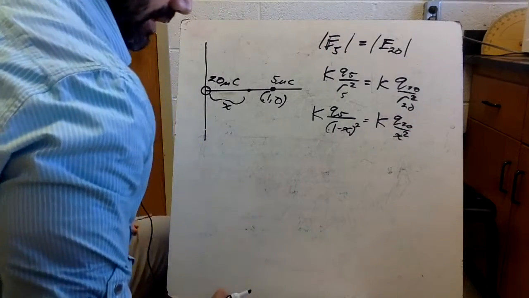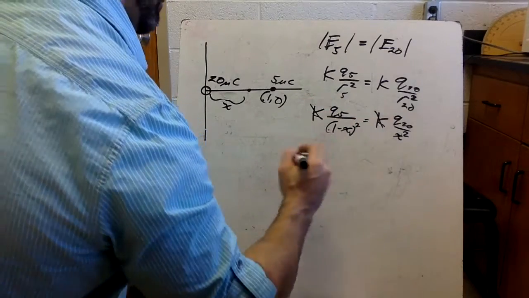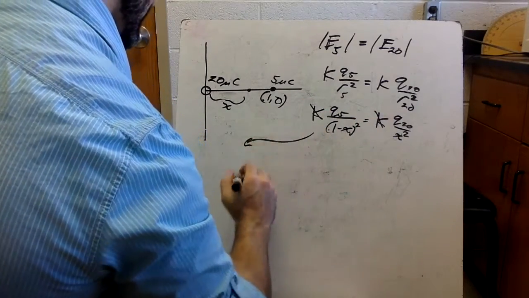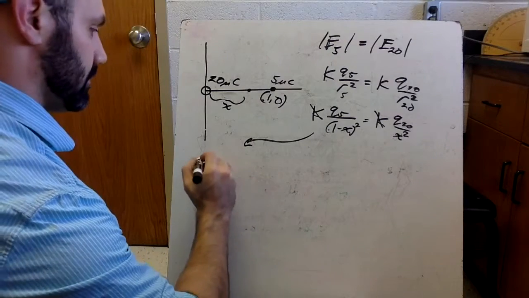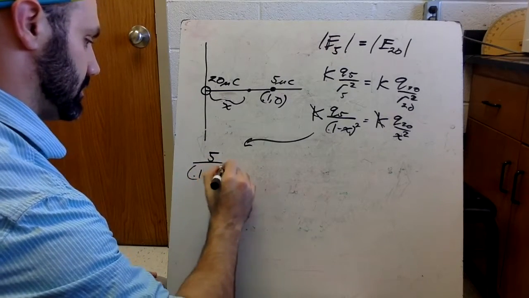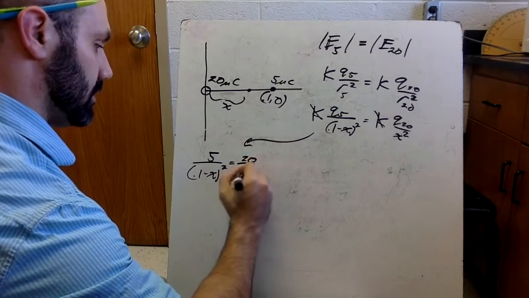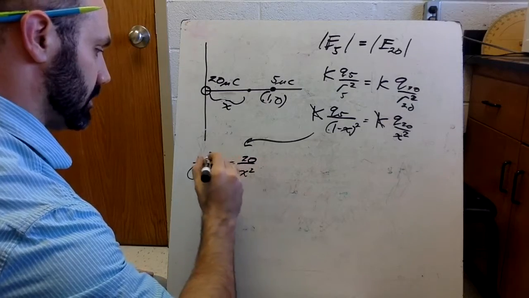Okay. So now we can simplify some things. The k's cancel out. So let me come down over here now. This is going to be 5 over 0.1 minus x squared equals 20 over x squared.